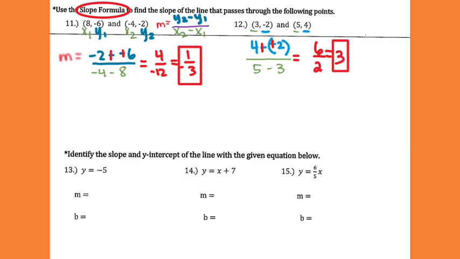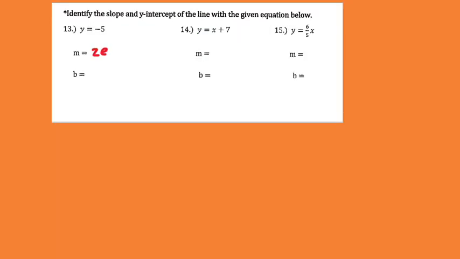Number 13. I'm looking at y equals mx plus b, and I have to identify the slope and the y-intercept. On 13, there are no x values here, so I know it would be a 0 slope, and my y-intercept would be 5, because 0 times x would make the x value go away.